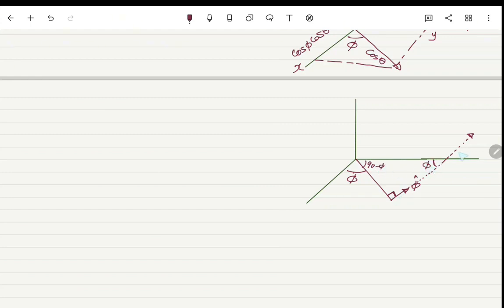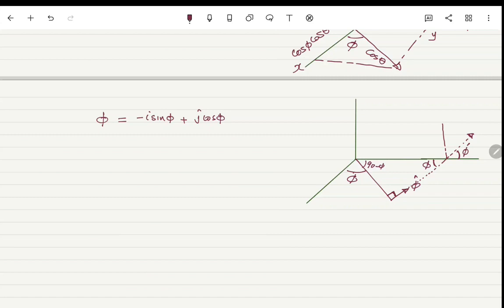If this is phi, this will be phi. So the y component for this one here, it's j hat cosine phi, and the x component for this one here, it's minus I sine phi. So phi hat is actually equal to minus I sine phi plus j hat cosine phi.